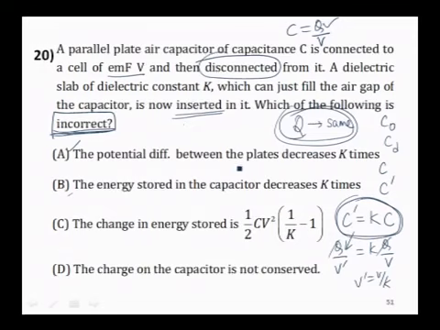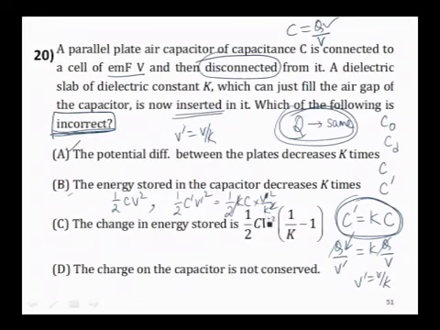So first answer we got is V dash is V by K. Then energy stored is half CV square. It was earlier, and later it is half C dash V dash square. Therefore it is half, C becomes KC, C dash is KC, V dash is V by K. So V dash square is V square by K square, one K gets cancelled, and therefore V square by K square, right.